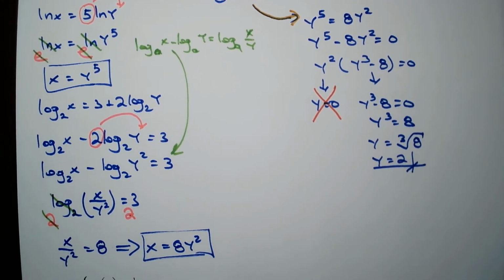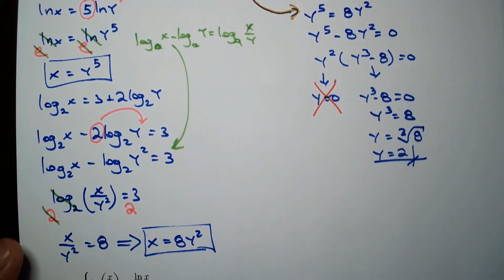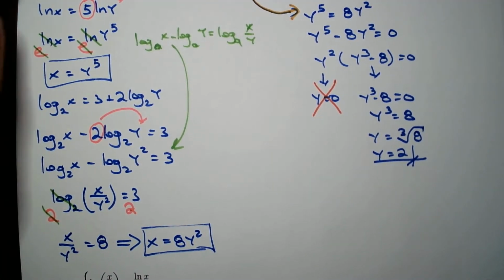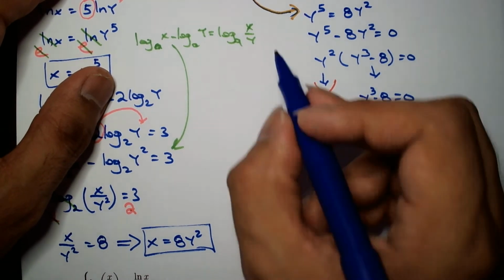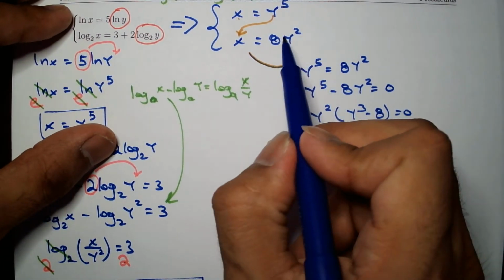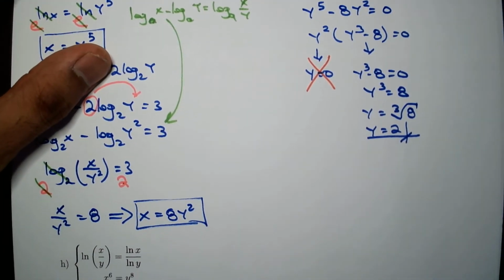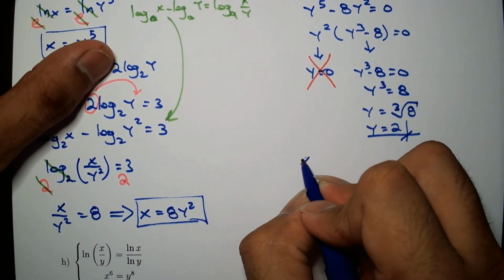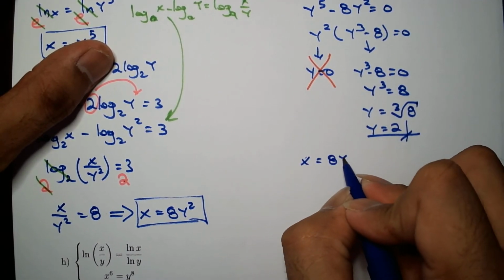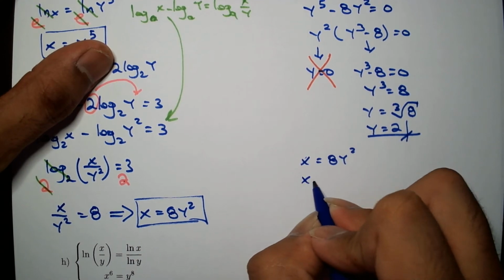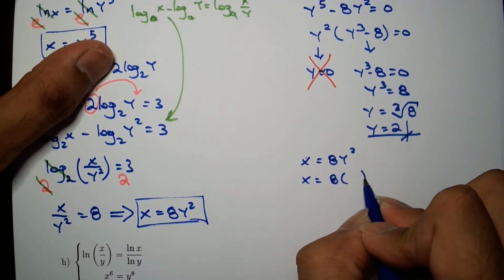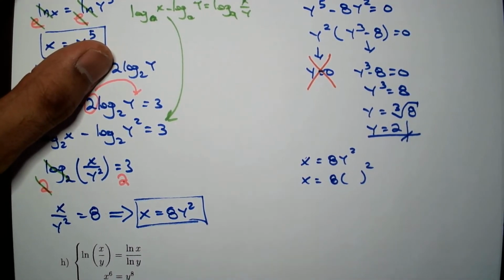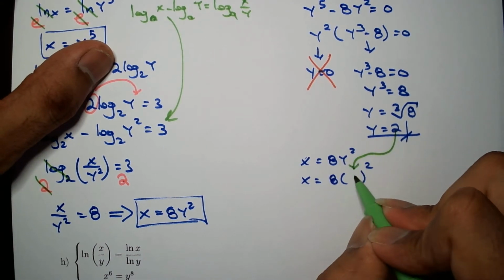So now we need to go back to any of the original equations in the system. I mean, whichever you prefer. So I'm going to go with the second equation right here. I'm going to write it below. x equals 8y squared. x equals 8 times y squared. But what is y? That's a 2.